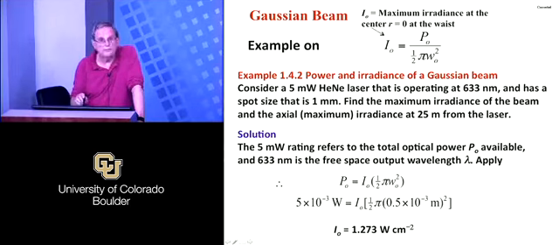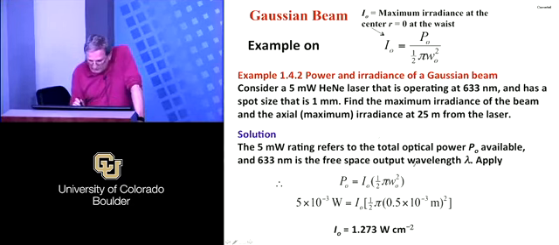Let's find the power and irradiance of this helium neon laser beam, a 5 milliwatt helium neon laser. That's a pretty standard helium neon laser operating at 633 nanometers. It has a spot size of like 1 millimeter. Find the maximum irradiance and the axial maximum irradiance at 25 meters from the laser. This is a problem we did before, an example that was in the last section of the chapter.